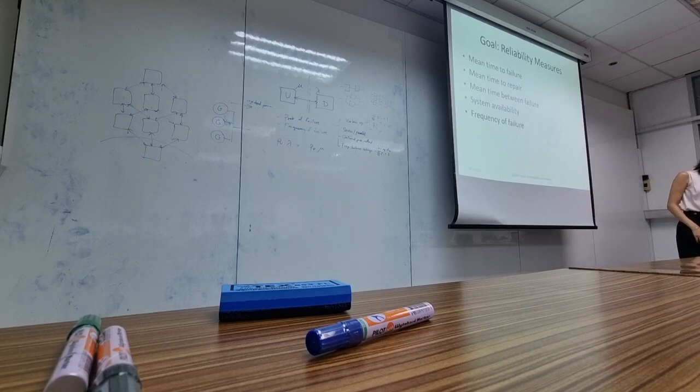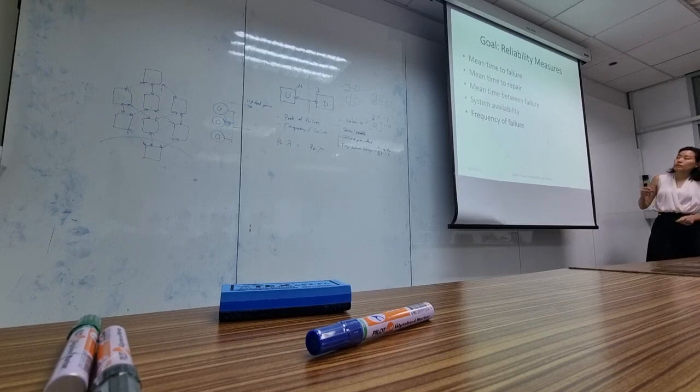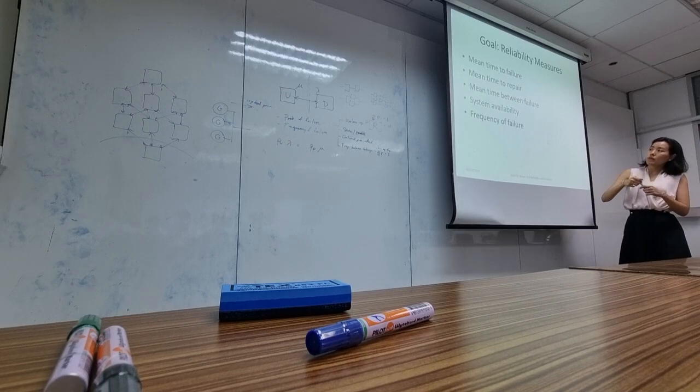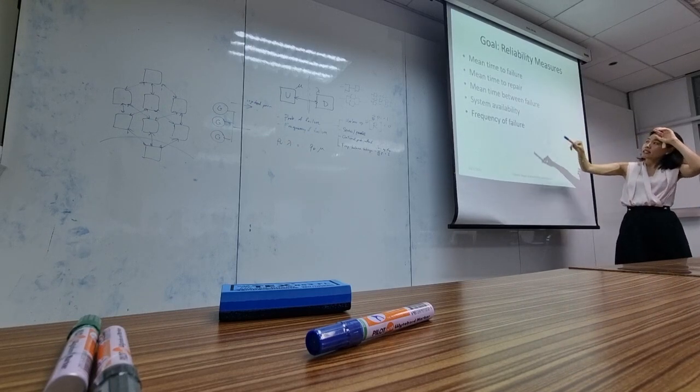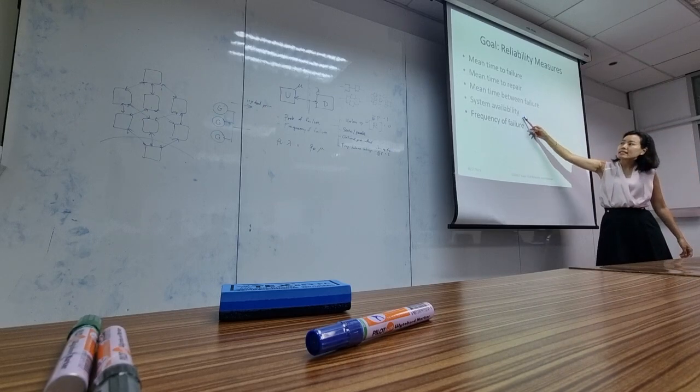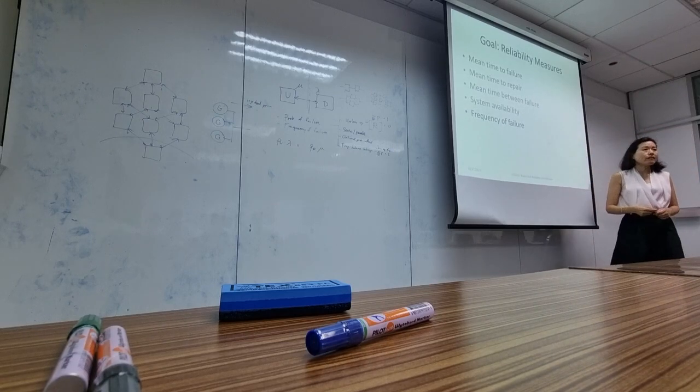Okay, come back to where we left off with that. The goal of reliability measure: we have the mean time to failure, mean time to repair, mean time between failure, system availability, and frequency of failure.